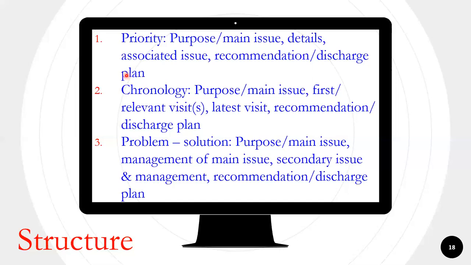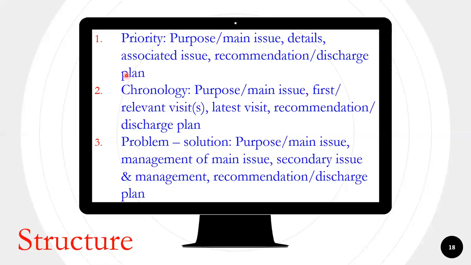Then if you're not going according to priority, how urgent or important the issue is, and you're not doing chronology, looking at dates and days, then you may want to look at problem and solution. Purpose and main issue, straight to introduction. You look at management of the main issue. So problem, then the solution.